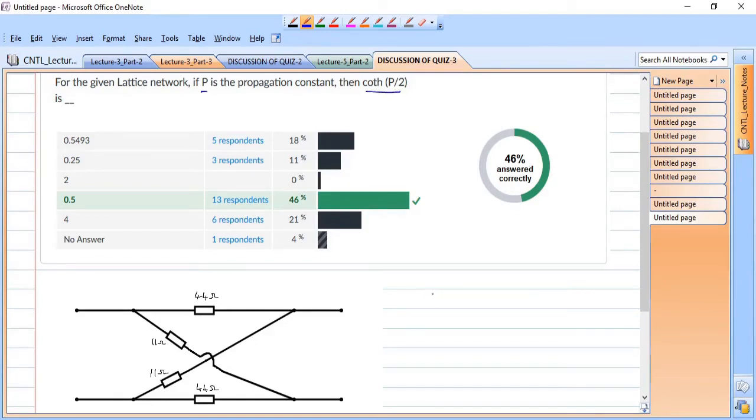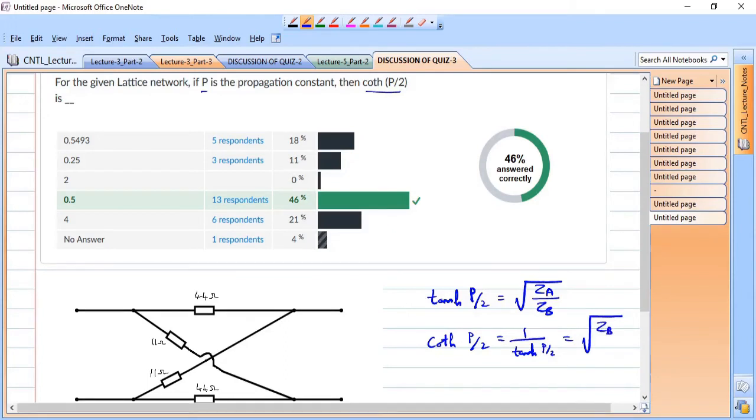So we have derived the relationship that tanh gamma by 2 or P by 2 is equal to root of ZA by ZB. What is coth? It is actually 1 by tanh, right? So that is equal to root of ZB by ZA.